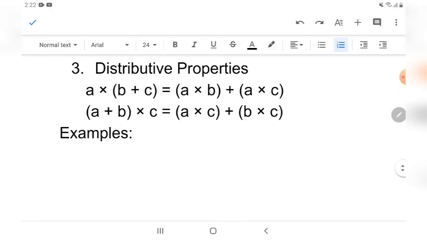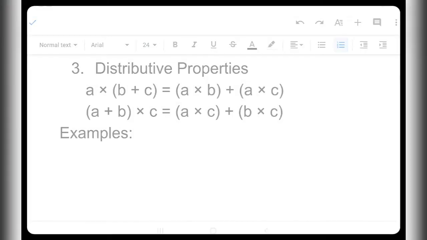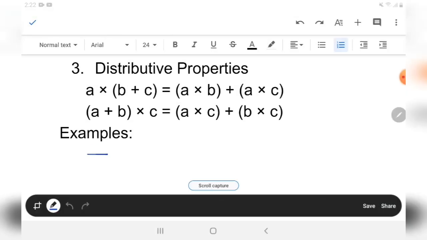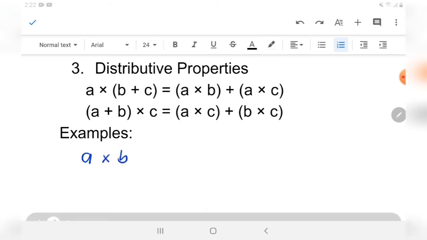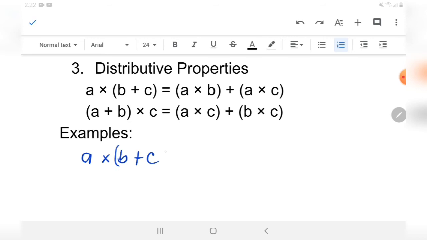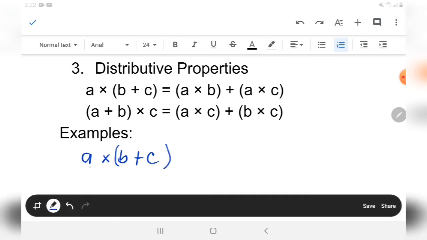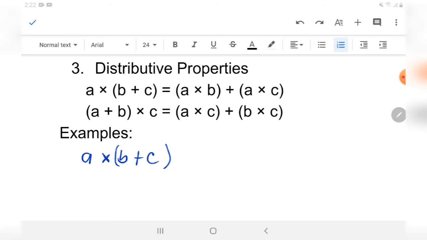For example here, A times B plus C equals, okay, let's take this. A times B plus C. So if we will distribute, this is multiplication, right?